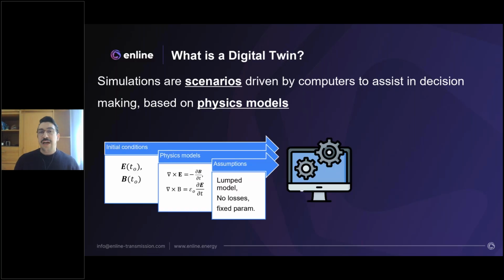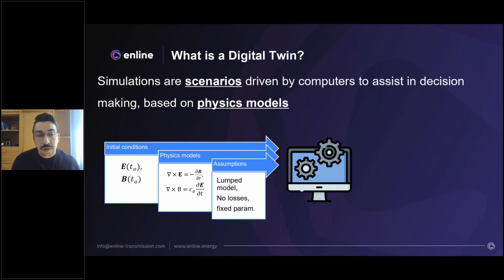So in the philosophy of that, let's put ourselves into the chair of the operator, the engineer who's trying to work with these tools. A simulation is a static computer program in which the engineer has essentially at least 3 things, right? Some assumptions, and here we have an example in this slide. For example, in an electric circuit, if the circuit is lumped, if it's lossless, what are the fixed parameters?